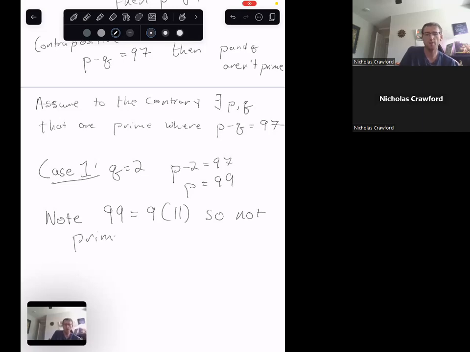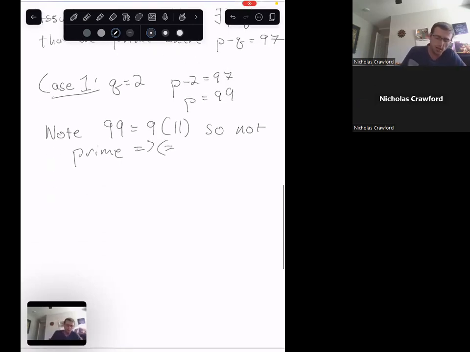So this didn't work for us, because we said we needed both P and Q to be prime. So we try the next one. Case 2: what if Q is odd? It's not 2, it's some odd number. By definition, that means Q equals 2K plus 1.